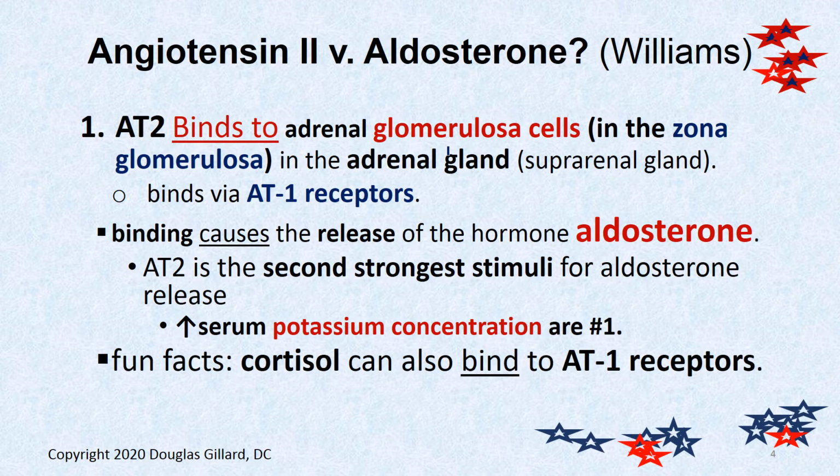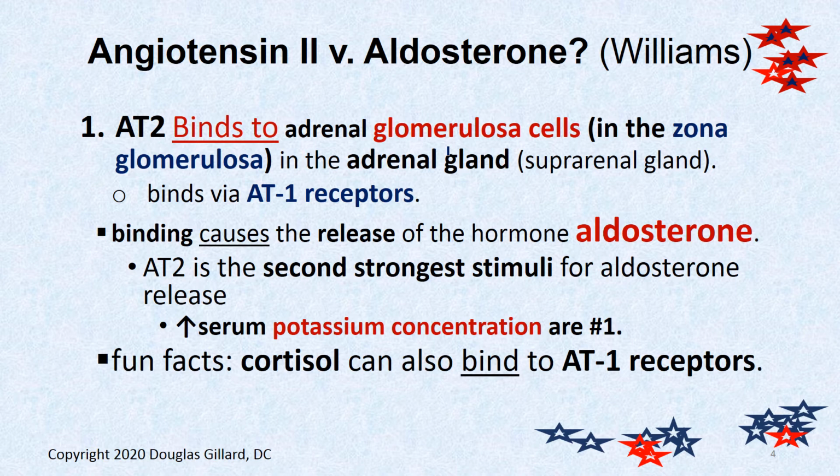We'll look at those, I think, today as well. Angiotensin II versus aldosterone. Angiotensin II has the ability to bind to glomerulosa cells, of course, in the adrenal gland. Specifically, it binds to its angiotensin II type 1 receptor. I'm just going to call that AT1 receptors. That binding causes the release of the hormone aldosterone.